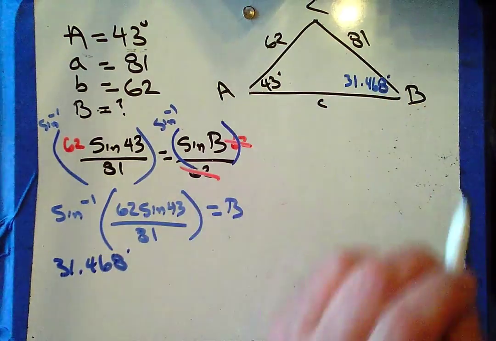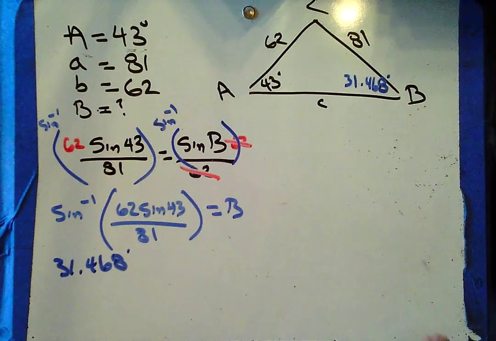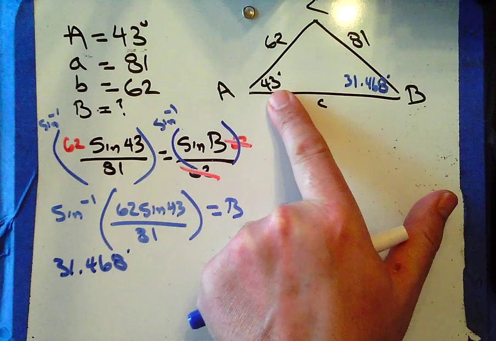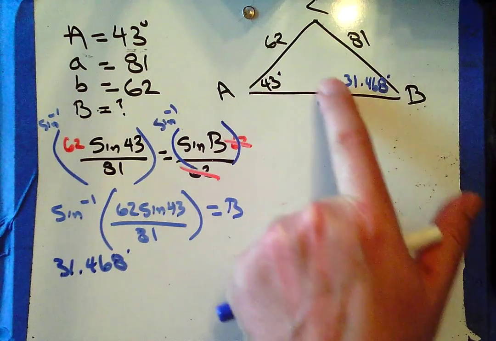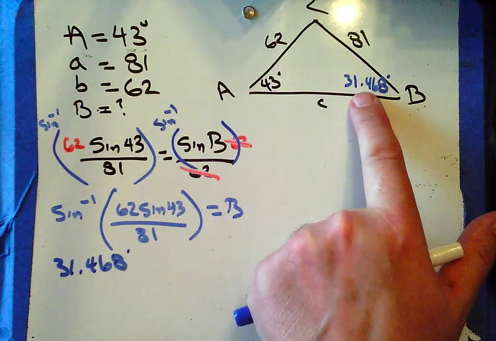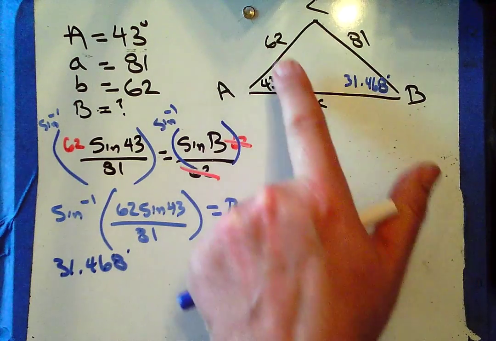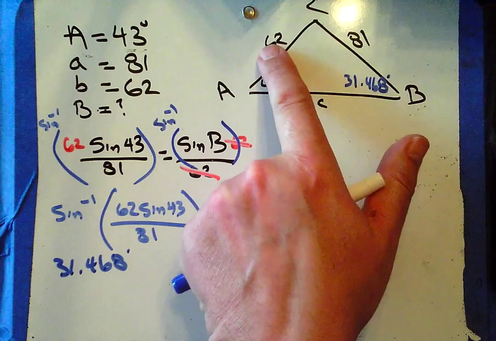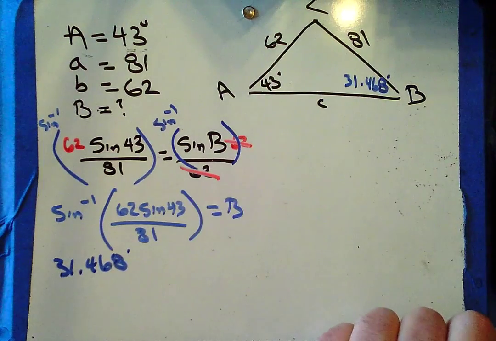31.468. Another thing to remember from geometry, that across from the biggest side is the biggest angle, and across from the smallest side is the smallest angle. This angle should be smaller than this angle because the side opposite is smaller than the side opposite the bigger one.